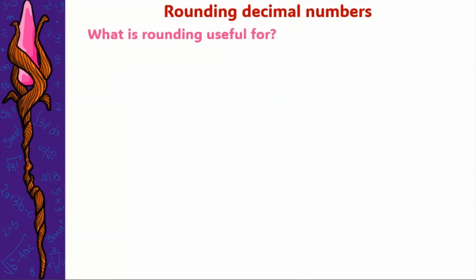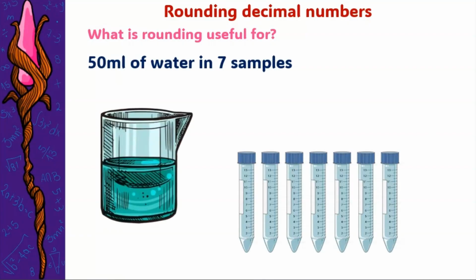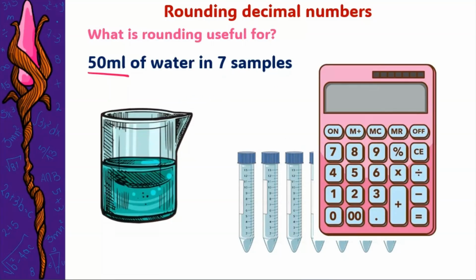But what is rounding useful for? I brought you two situations, from a bunch of them, where it is very useful to round decimals. Let's say that you are in the lab and you have 50 milliliters of water and you need to divide it into 7 samples in these test tubes. So you go and put it in the calculator and it gives you this. It just doesn't give you more digits because it doesn't have space. Otherwise, it could keep going forever.